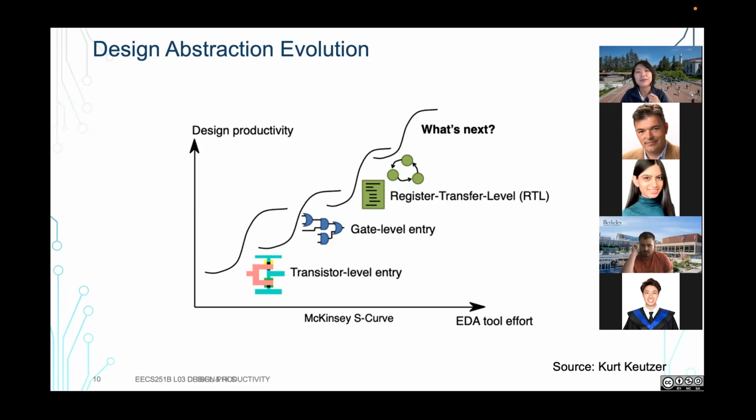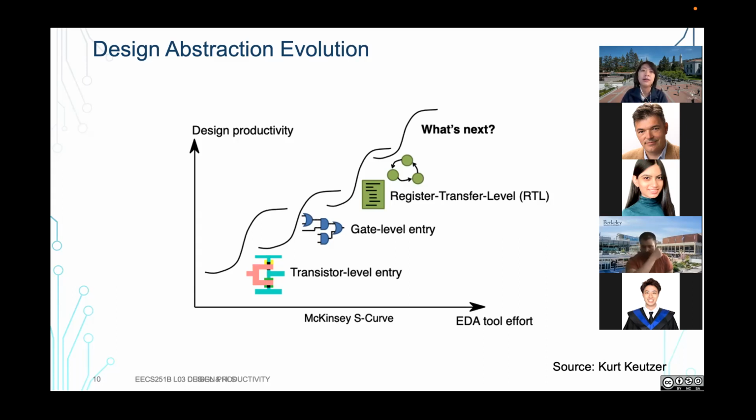Again, a lot of those design methodologies are really about design abstraction, right? When we think about the EDA industry, we went from reasoning about transistor-level complexities to gate level, and now the state of the art is the register transfer level, RTL. It has been around for a while.